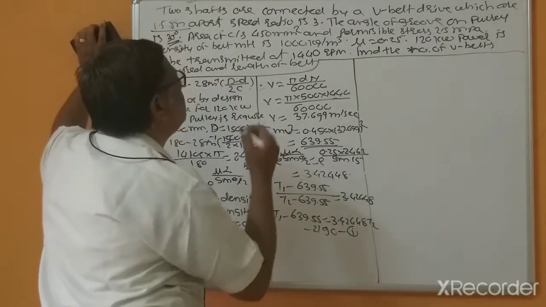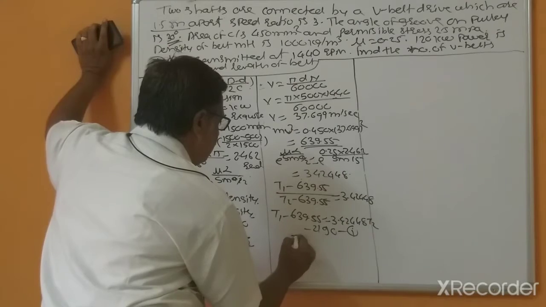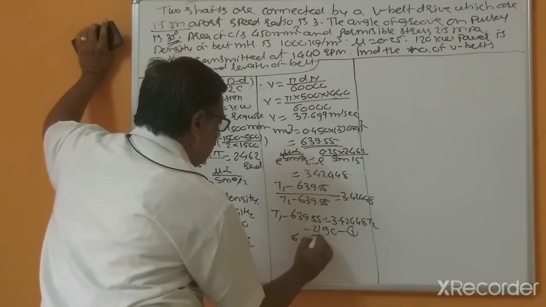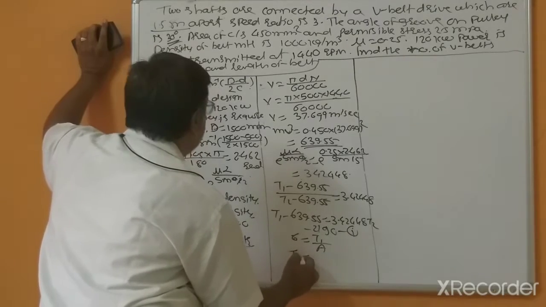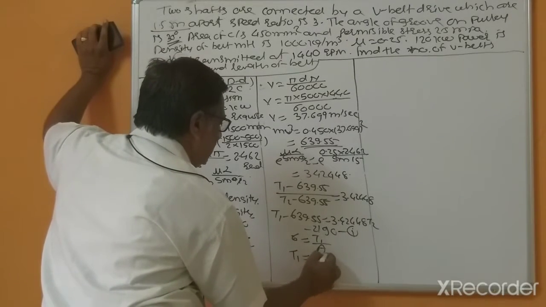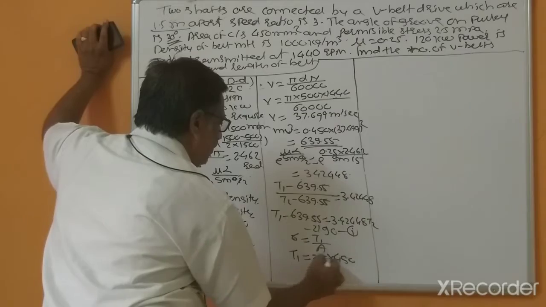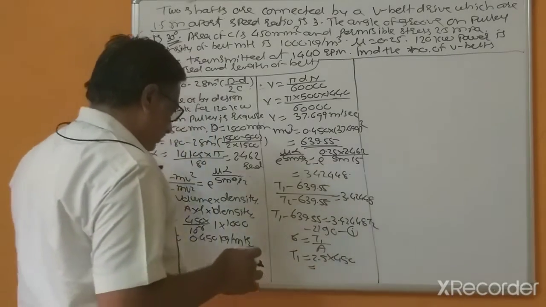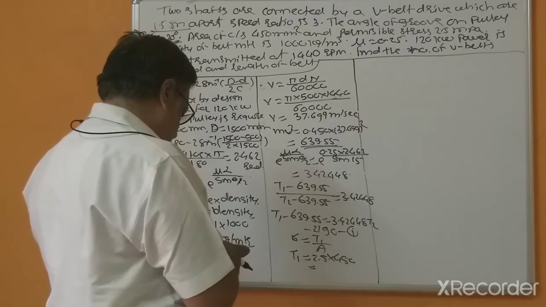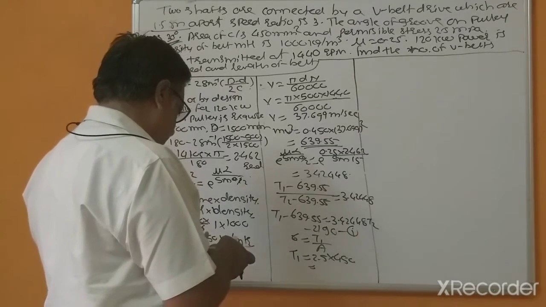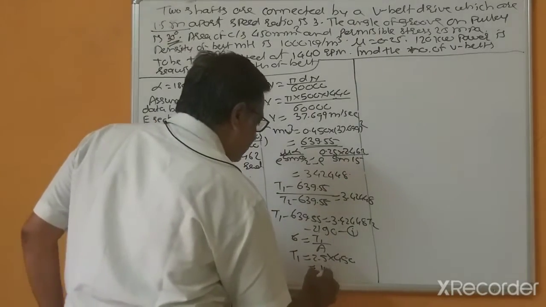Again here permissible tension is given. So sigma equal to T1 divided by area. So T1 equal to 2.5 multiplied by 450, 1125 Newton.